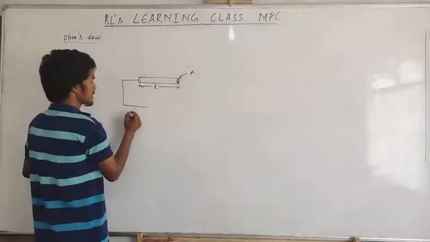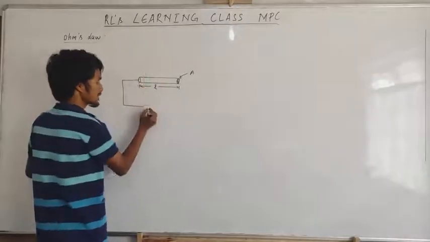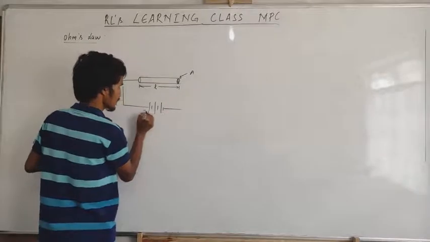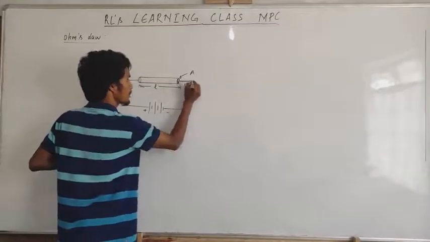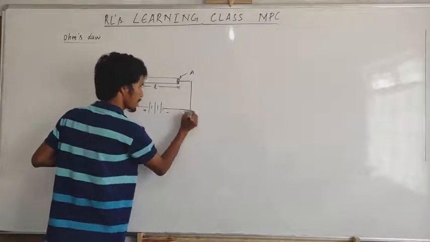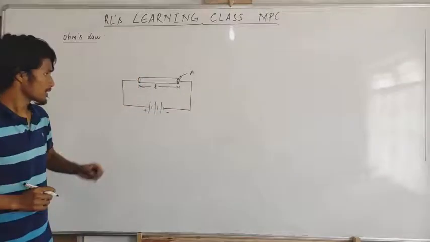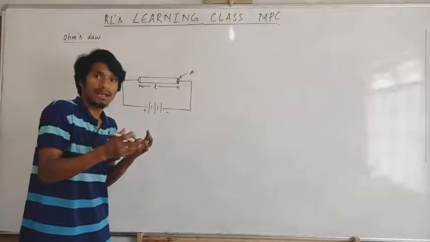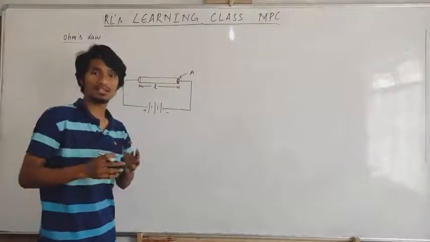Okay. Now let's say this conductor is connected to a battery. Now look here. This battery means to supply what? To supply electric potential.